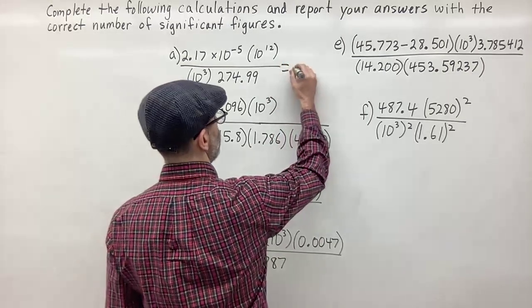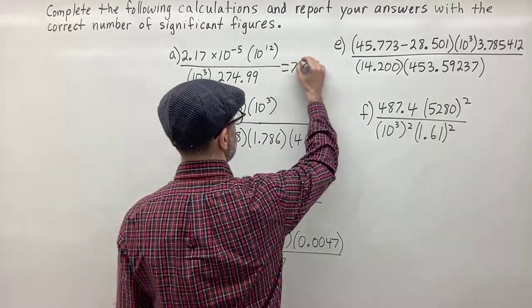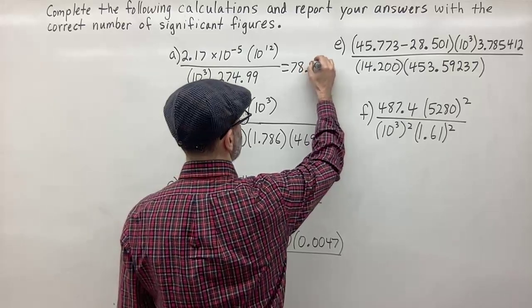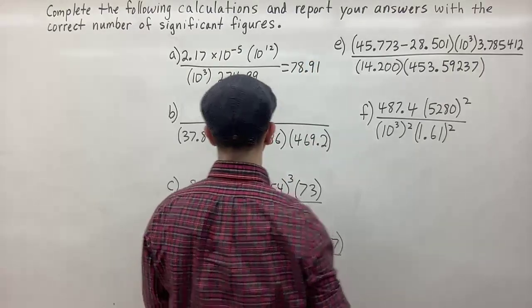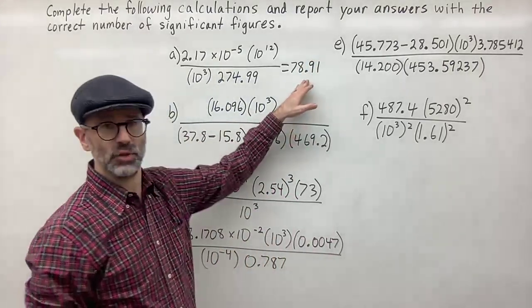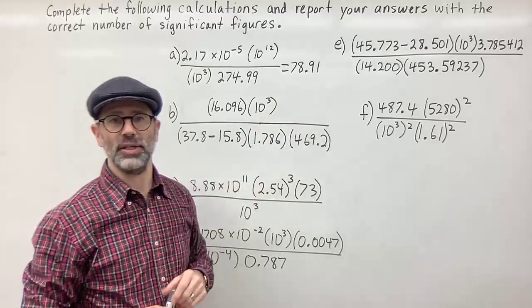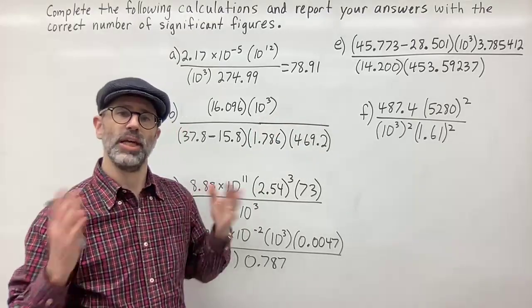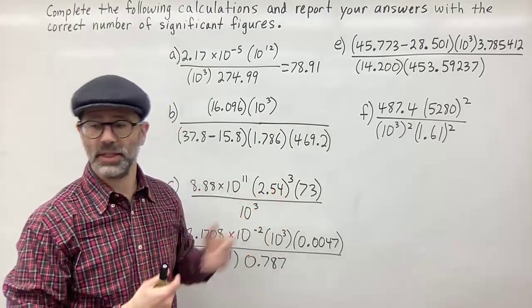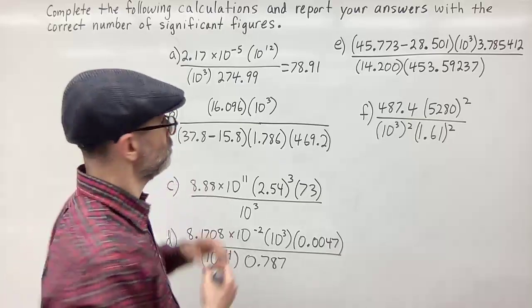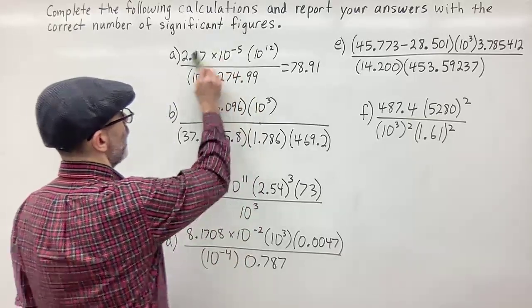So here we calculate this out, we get 78.91. So then the question is, well, how many digits are we allowed to keep from this number? Can we keep all the digits or only some of the digits? So here, we got to look at here.